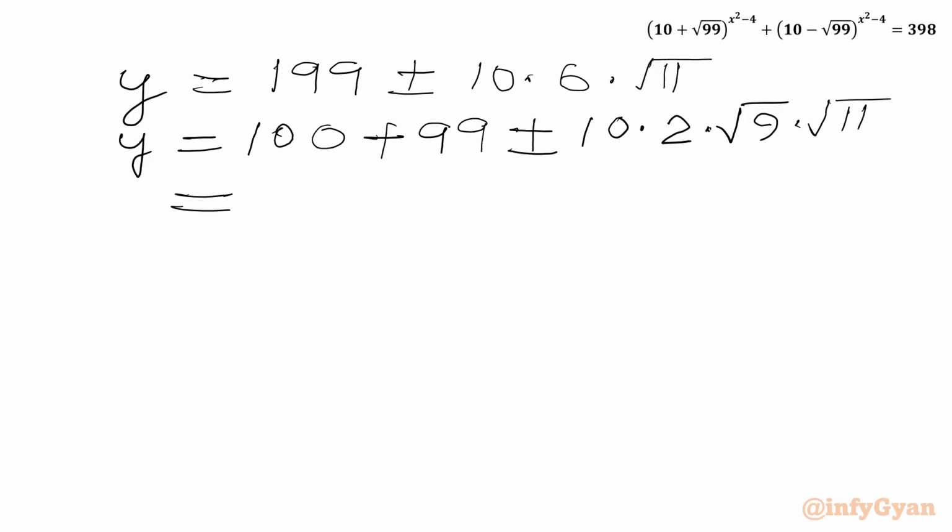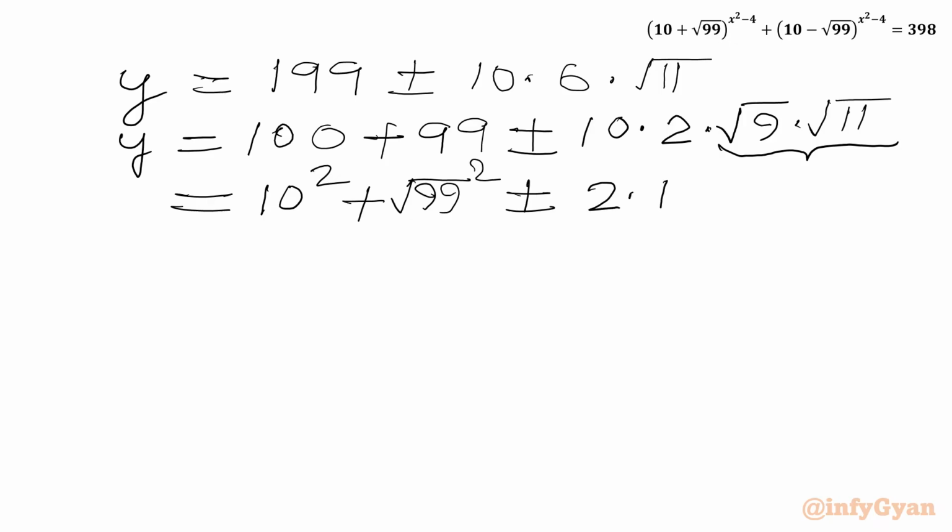Now we know that 100 is 10 square, 99 is square root 99 whole square, plus minus. We'll club these two square roots and we can write 2 times 10 times square root 99.